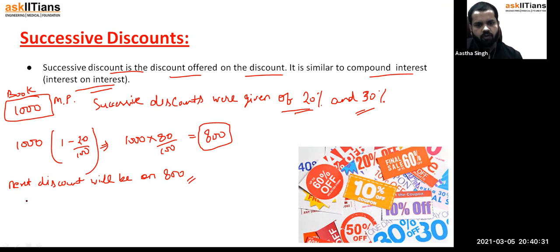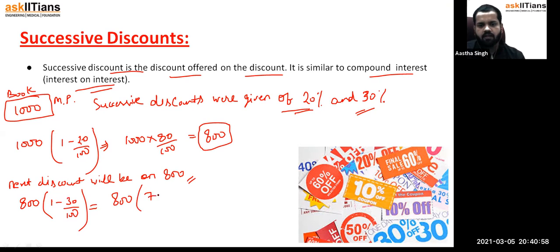So you will do 800 multiplied by 1 minus 30 divided by 100. 1 minus 30 upon 100 is 70 upon 100. That is 560. Right? This is what successive discount means.